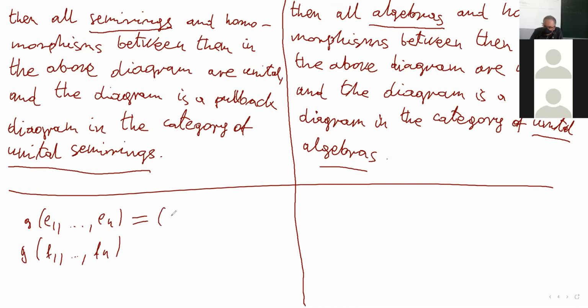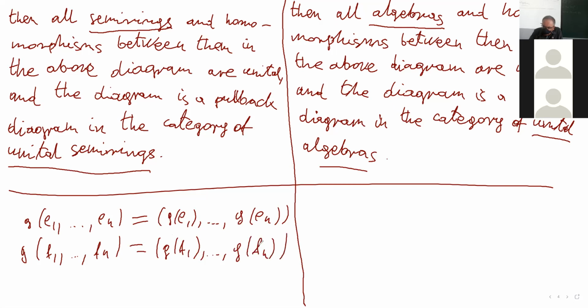Yeah, but here we have G of E1, G of En, because this is how graph homomorphism works. And here I have G of F1, G of Fn. And the equality of paths, so we are trying to prove injectivity. So I assume that this is equal. But this means that G of Ei is equal to G of Fi for all i from 1 to n.